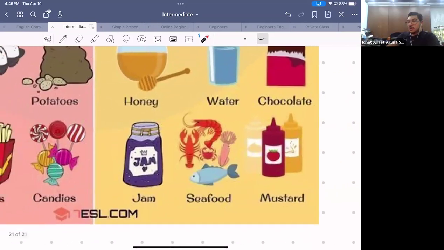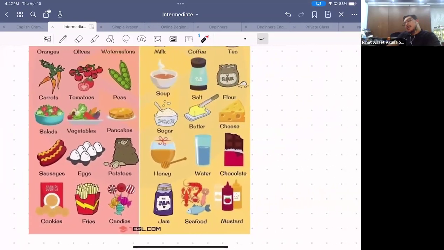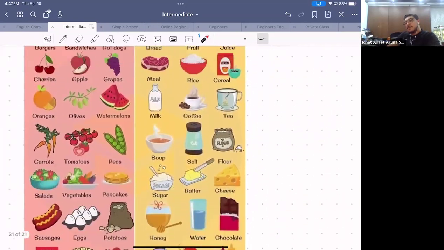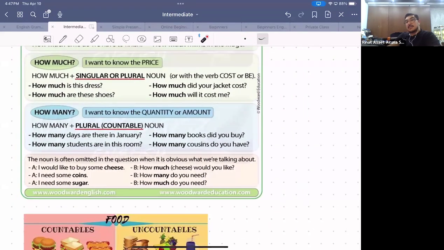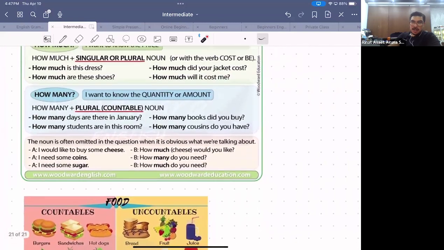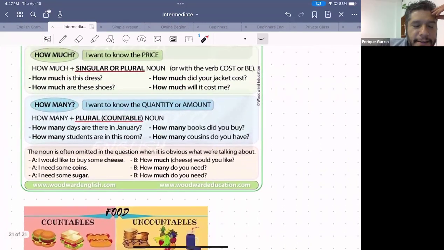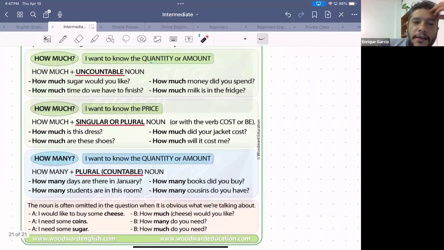All right, good stuff. So, a ver, Enrique, ¿le puedes decir en pocas palabras lo que acabamos de ver sobre este tema? Can you tell Carla? Nada más para checar comprensión. Ok, lo que estábamos viendo es cuándo se ocupa how much y cuándo se ocupa how many.